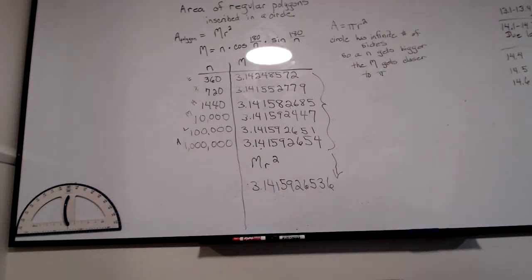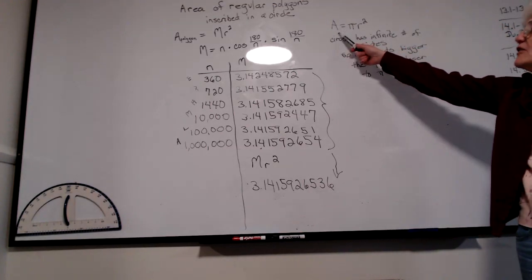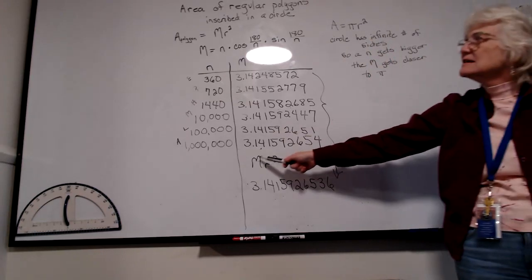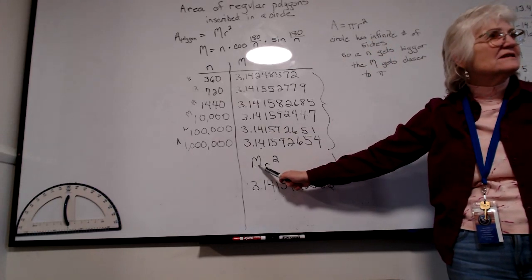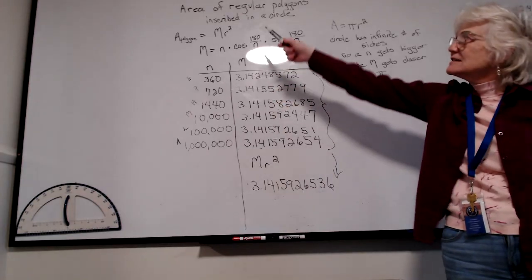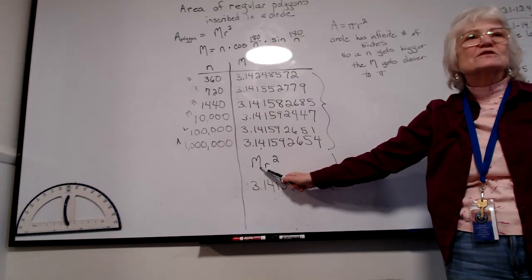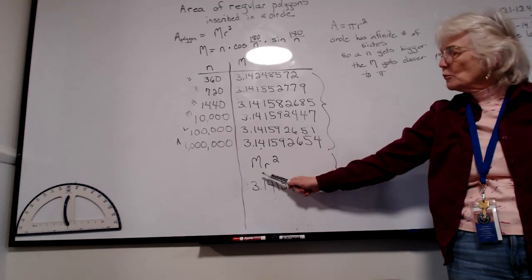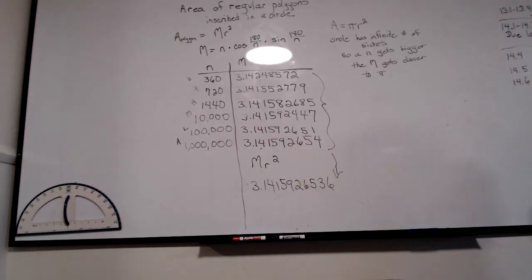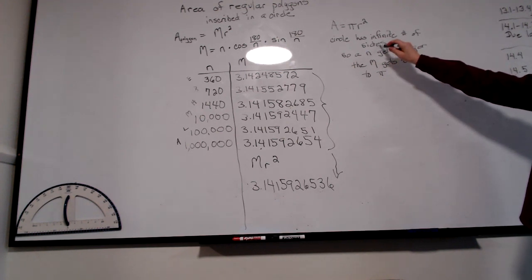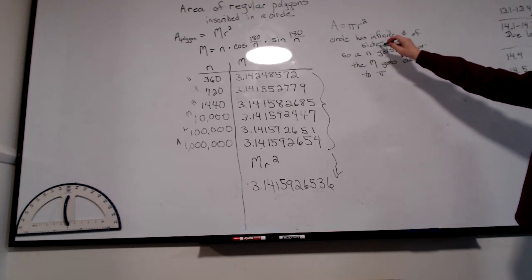And so that's where we come up with area is equal to pi r squared, because the area of a polygon is coming closer and closer to pi. So we say a circle has an infinite number of sides, and we can't put in the number of sides because it's infinitely many.